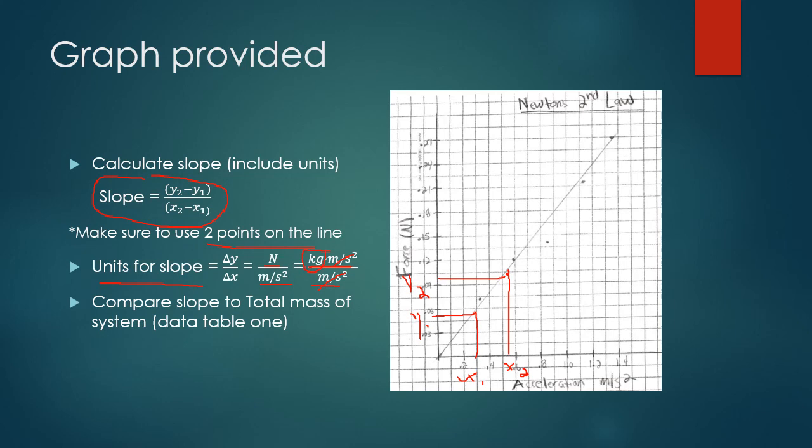So the slope that we calculate will have units of kilograms, and we can compare that kilogram slope to the total mass of the system, also in kilograms. They should be close to one another, but they won't be exact because there is a little bit of friction, there is human error, so there are many possible errors in this lab.